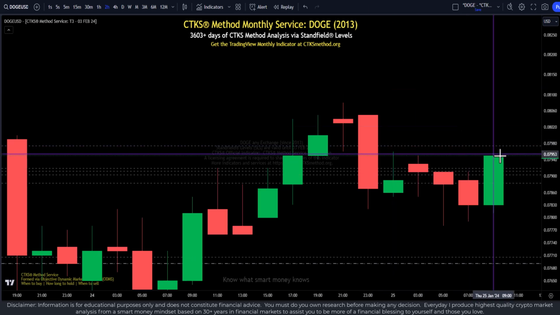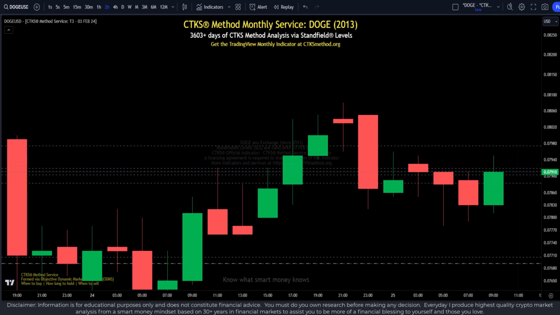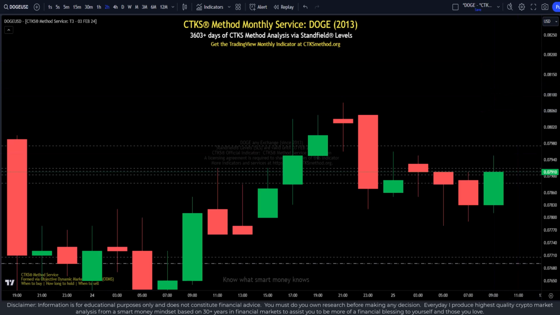We can see that DOGE hasn't confirmed this structural resistance as structural support just yet, and it's currently trading at 79.50. If the bulls get control of DOGE, it could do incredibly well because it has this fresh air gap above it. And don't forget what's happening inside total crypto market cap as well.